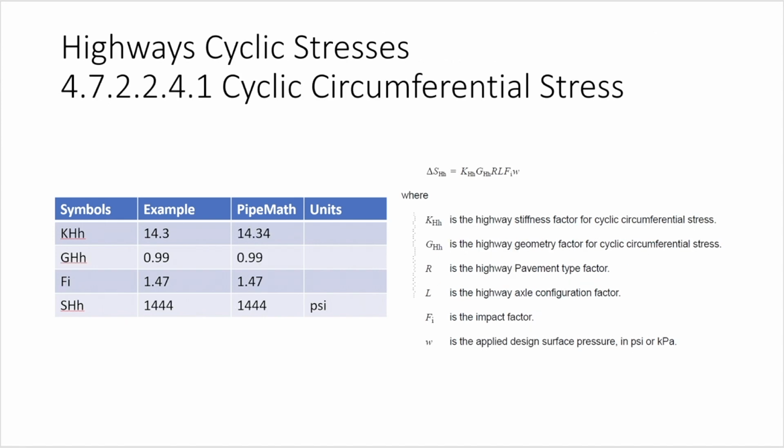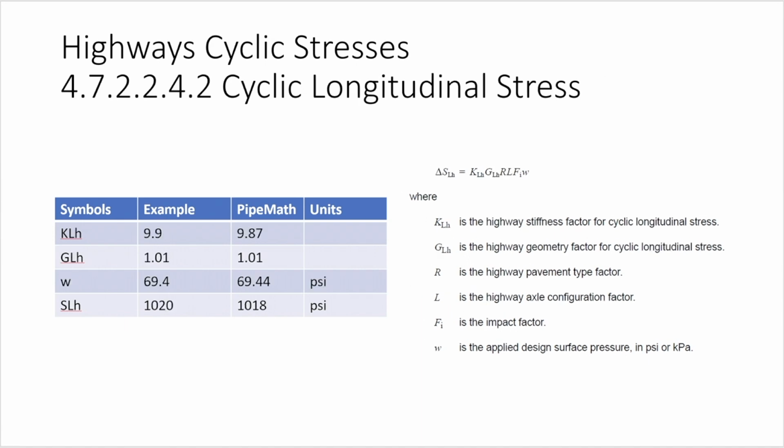So next slide, this is cyclic circumferential stress, and again we are comparing our values in the second column and third column. So you can see the numbers are the same, and the final row is presenting the cyclic circumferential stress, which is 1444.